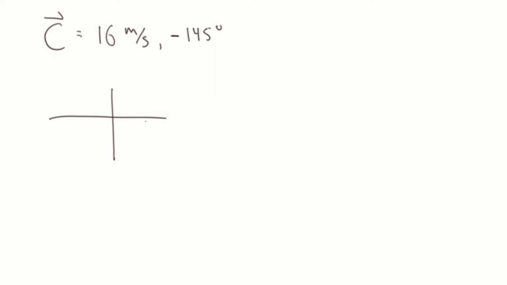It's going to start at the x-axis and swing around this way, and it's going to end up about 35 degrees shy of the negative x-axis. So this value here is negative 145 degrees. And it's a velocity vector, 16 meters per second.